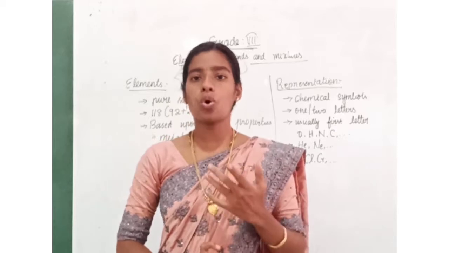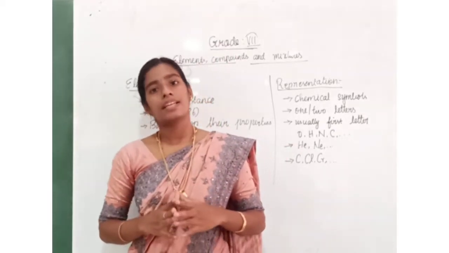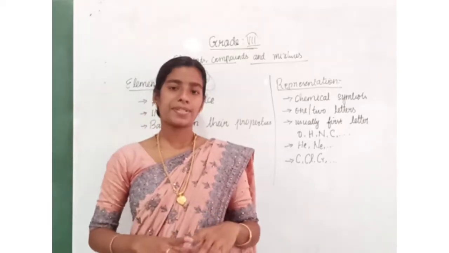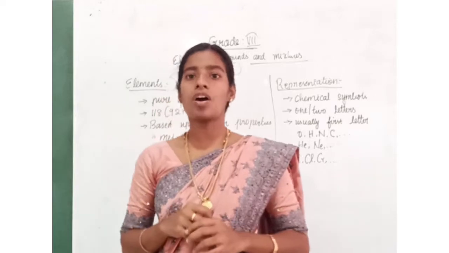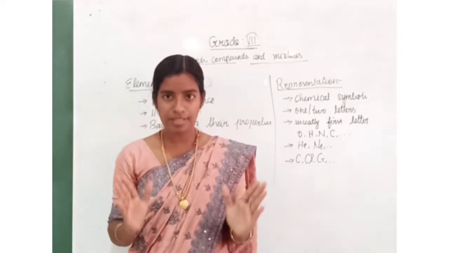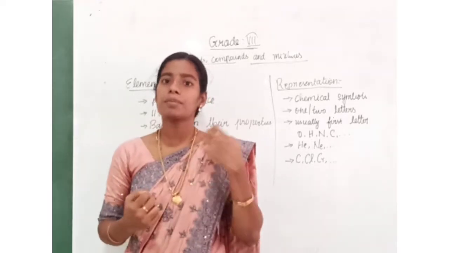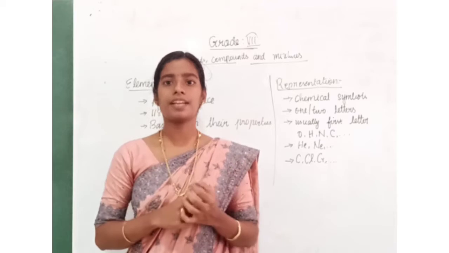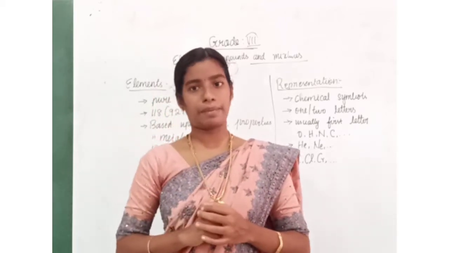H. So, elements are represented using chemical symbols. These chemical symbols can have 1 letter or 2 letters. All the elements have chemical symbols. Some of the elements have a single letter and some have 2 letters as symbols.